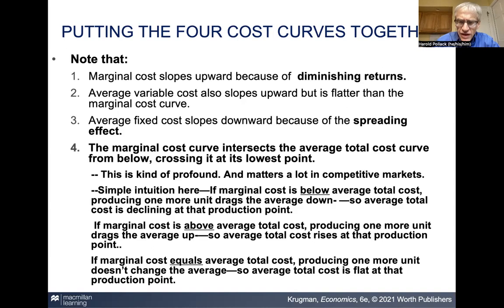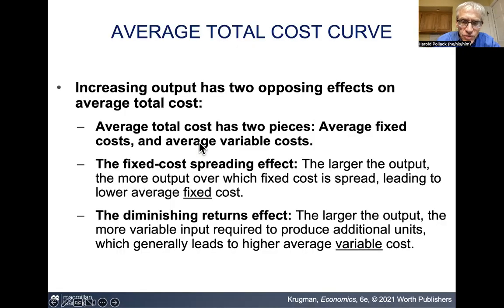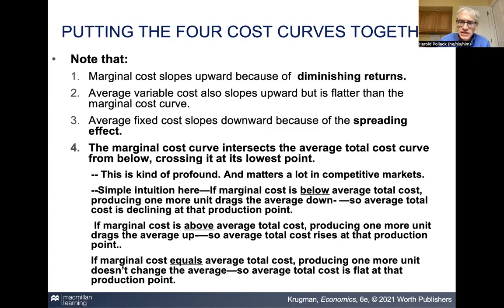And so if we come back up here, the marginal cost curve is going to come up through there and hit that right there. That seems a little bit weird, but the intuition is pretty simple. If the marginal cost is below the average total cost, producing one more unit drags the average cost down because the last unit we produce is pretty cheap.